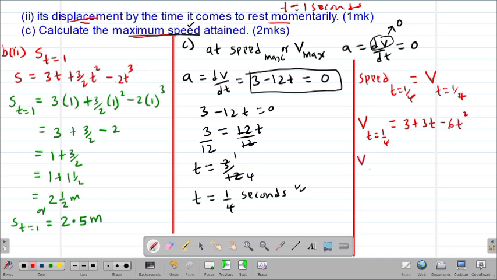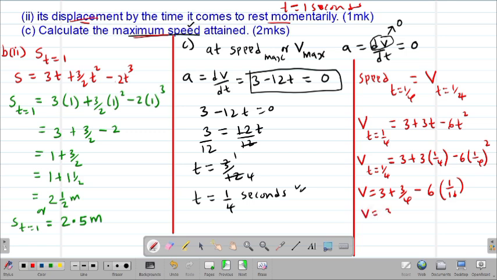So v when t is a quarter will be equal to 3 plus 3 into a quarter, minus 6 into a quarter squared. This is 3 plus 3 over 4, minus 6 over 16.